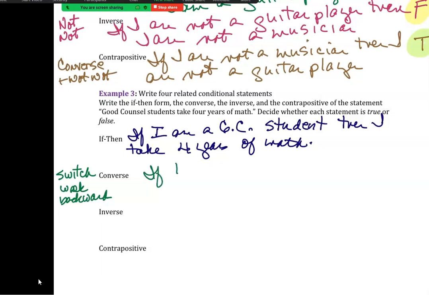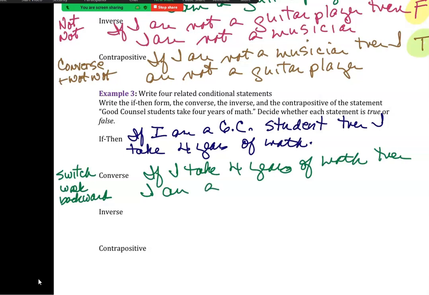If I take 4 years of math, then I am a GC student. Okay, we're going to talk about the truthfulness of these statements in just a minute.